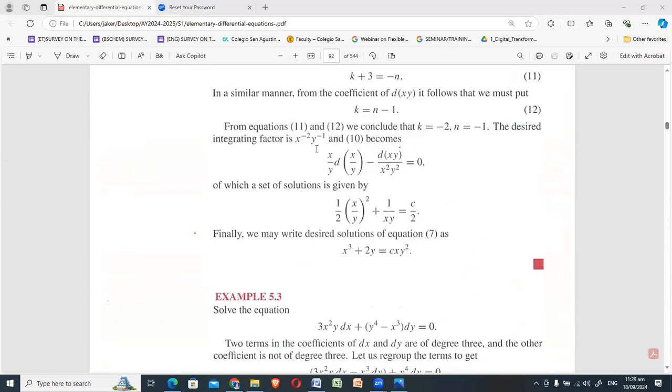Just like the question a while ago, you can consider this xy as your u. So power rule dictates that this is raised to 1. So it would be now 2 over 2. So xy raised to 2 over 1/2. Well, this one using power rule will be 1 over xy because this one will be xy raised to negative 1 over negative 1. Again, this constant c over 2 was just arbitrarily chosen by the author to come up with an expression that he can readily simplify.